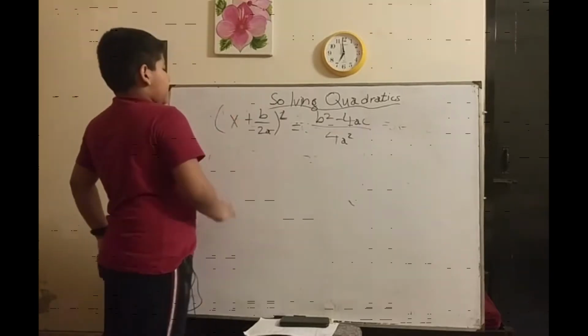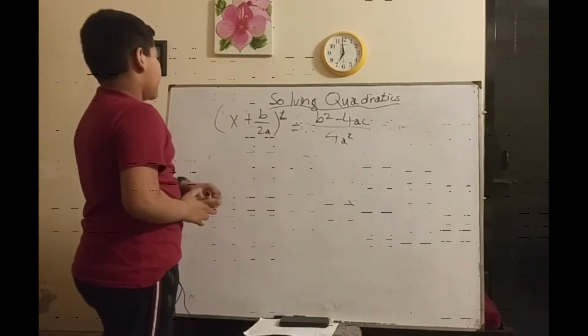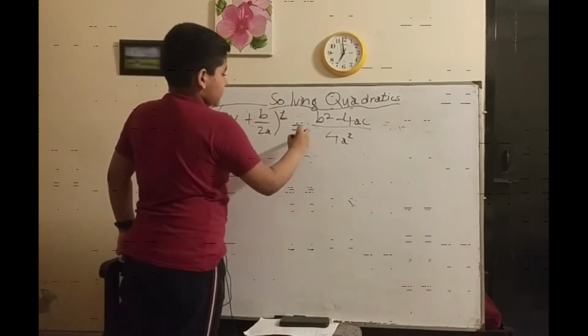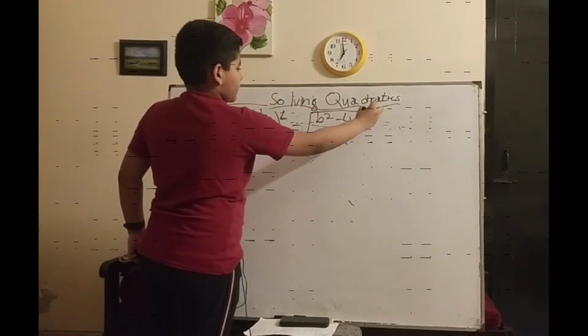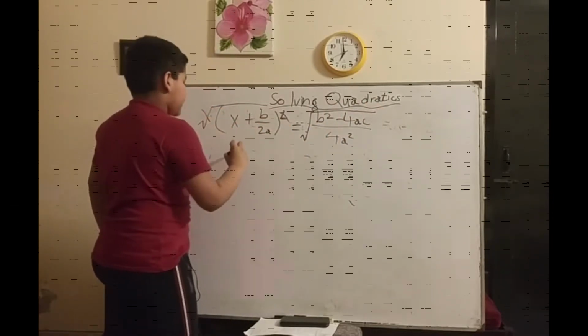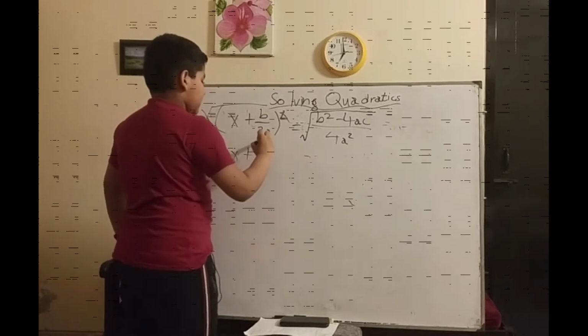Now since we want the value of x, we need to cancel out the exponent. So we have to take the square root of both sides. At first it will cancel the exponent, leaving this.